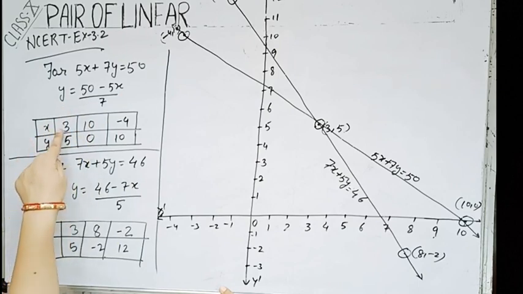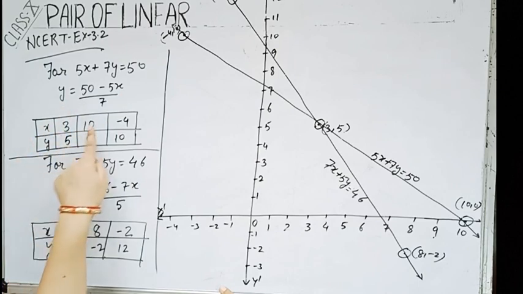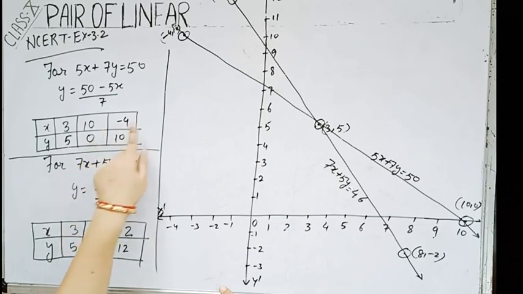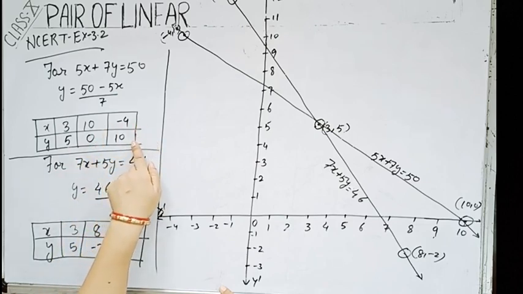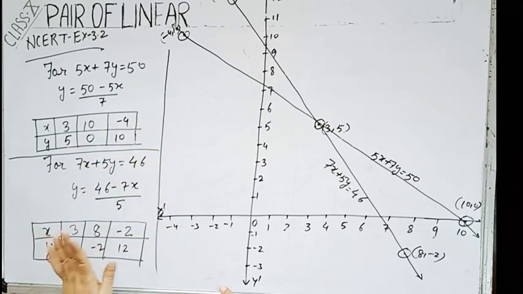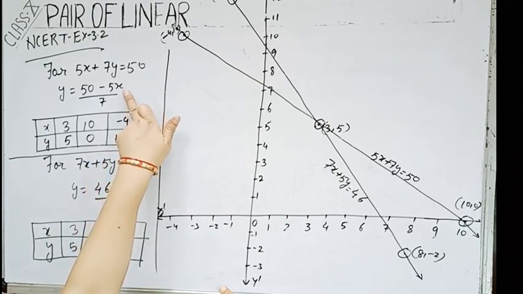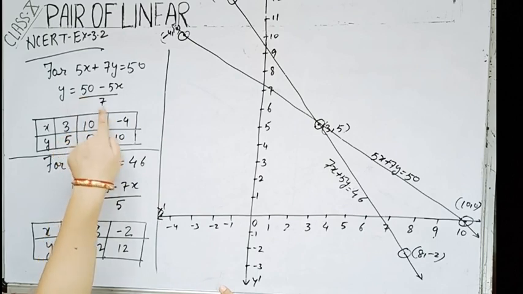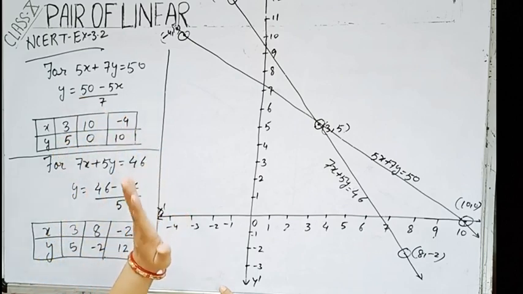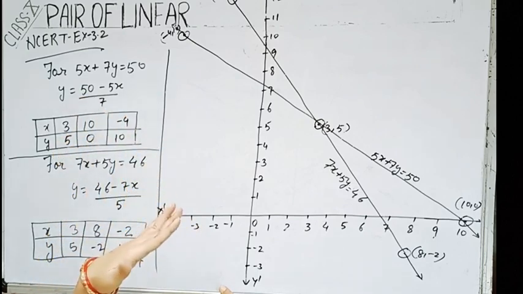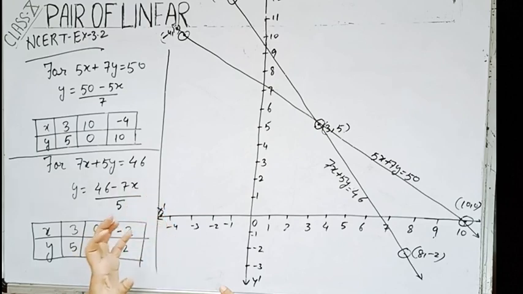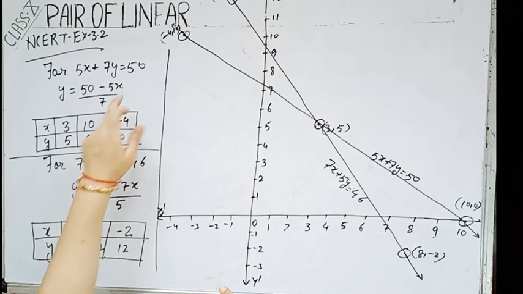So I substituted x equals 3, got y as 5; x as 10, y as 0; x as minus 4 and y as 10. Over here children, if I put x equals 0, then I will get 50 by 7, which is not a whole number, it is coming in fraction. So I did not opt for the x equals 0 method.